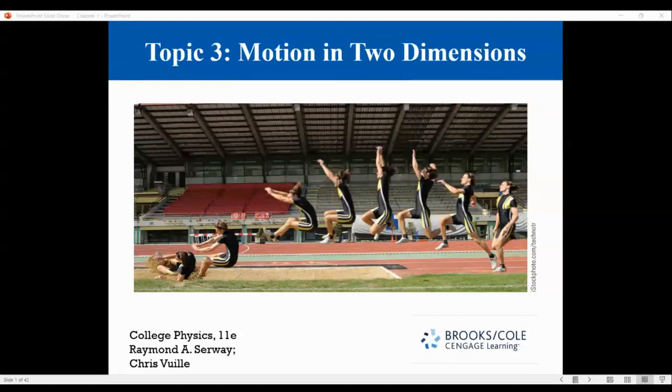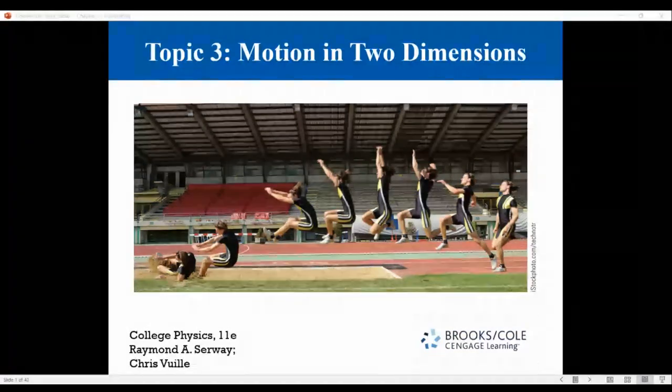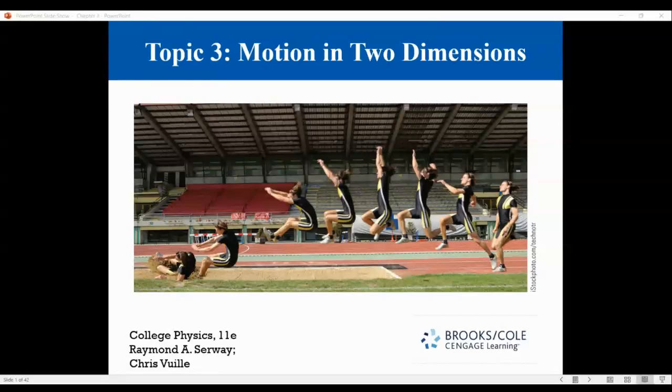I'm assuming everyone is good with motion in 1 dimension, both horizontal and vertical, for free fall. And we'll be using those concepts and topic 1 as well. It's one of my favorite sections because it includes both topic 1 and 2.